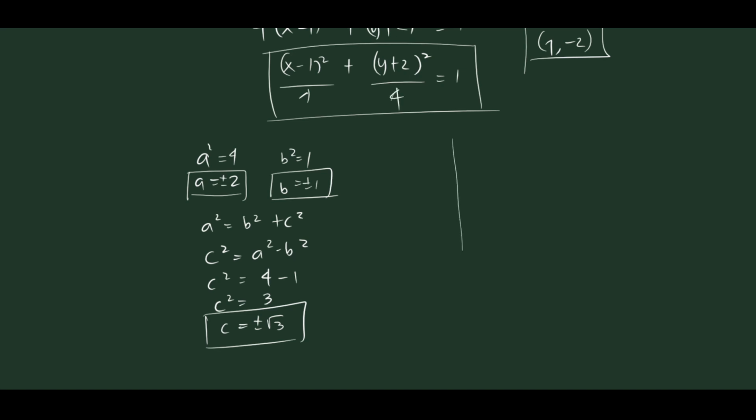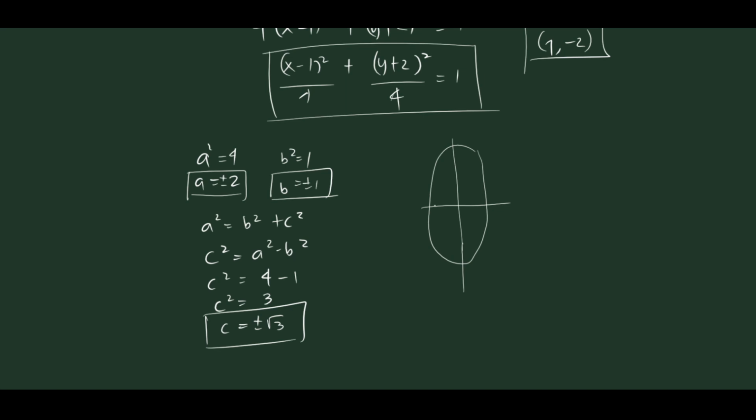Therefore, the shape of our ellipse is elongated vertically, so our major axis is along the line x is equal to 1.